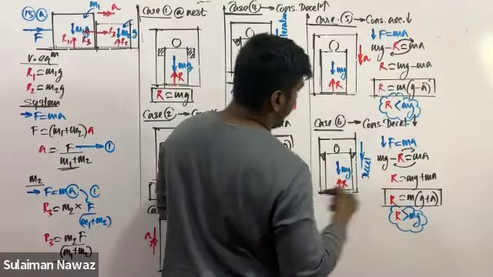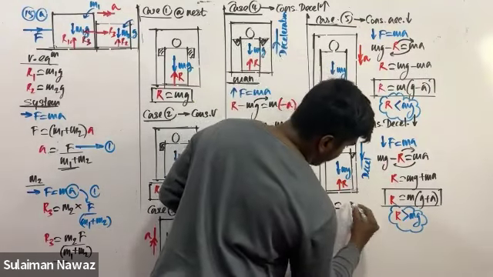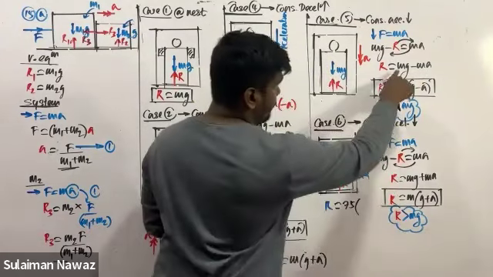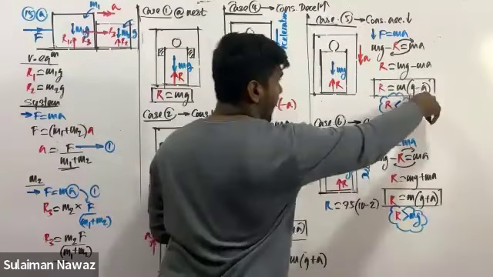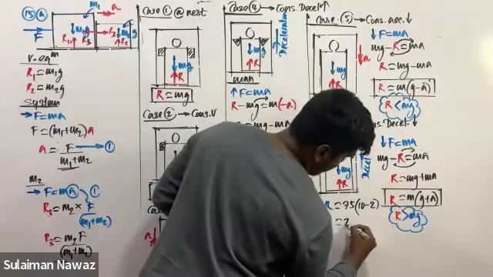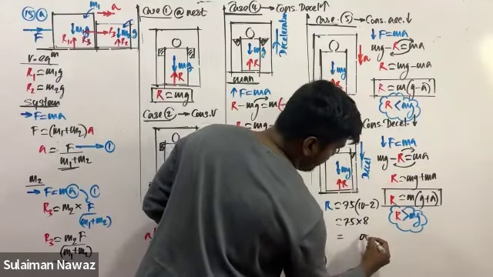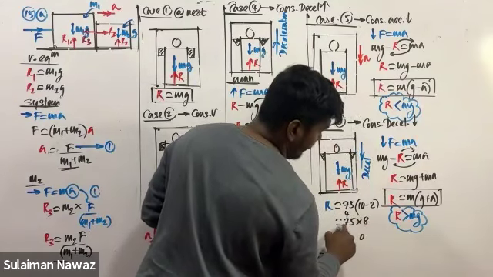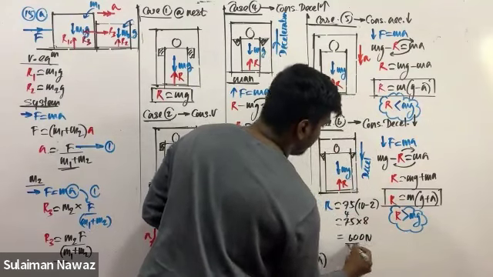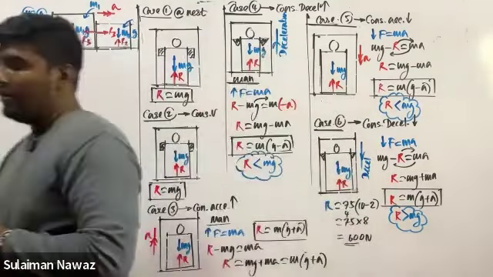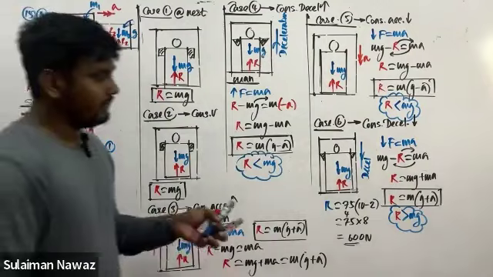M is 75, I'm going to find R. Mass 75, gravitational acceleration 10, accelerating downwards, acceleration is 2, then 10 minus 2 is 8. 75 into 8, how much? 8 into 5, 40, write 0, carry 4. 8 into 7, 56 plus 4, 60. This is the answer, 600 newtons. Got the answer, right? Hands up who got this answer.